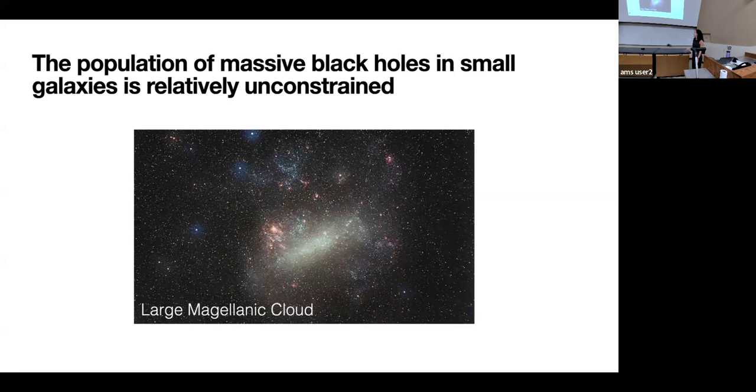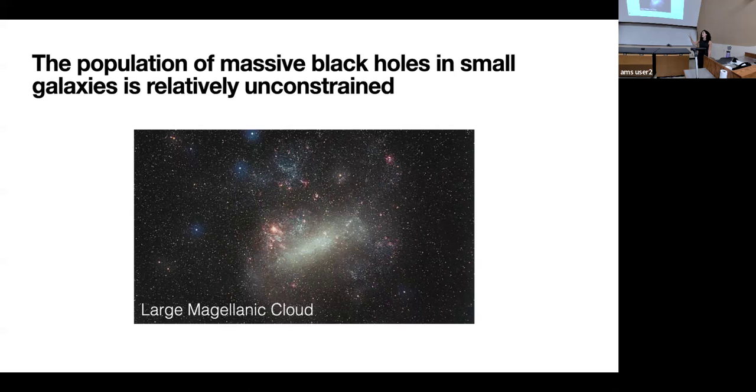And for these systems, we know very little about whether they contain massive black holes like their much larger galactic siblings. So this is an image of the Large Magellanic Cloud, which is the closest dwarf galaxy to our Milky Way. It's orbiting around the Milky Way galaxy. You can see that it's kind of an irregular looking galaxy, so it doesn't have a nice spherical or nice spiral shape.